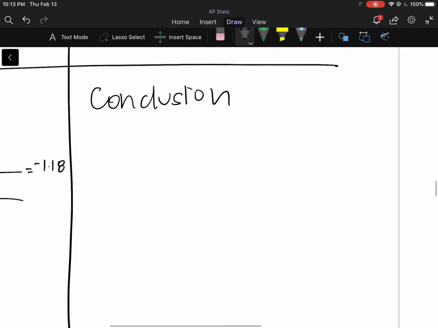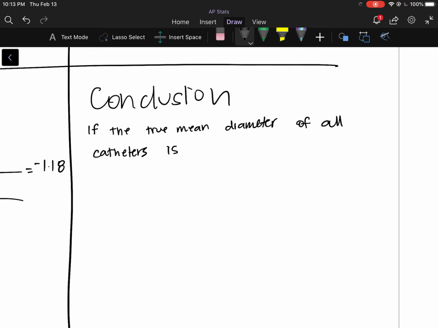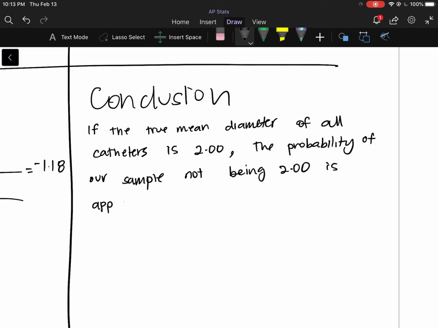So in conclusion, okay, if the true mean diameter of all catheters is 2.00, the probability of our sample not being 2 is approximately 26%.